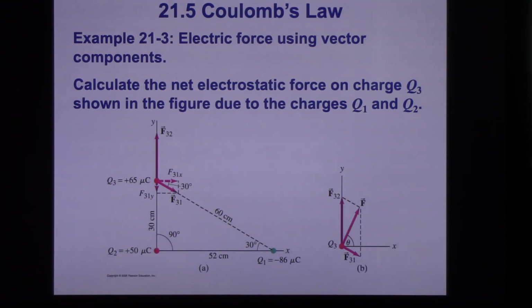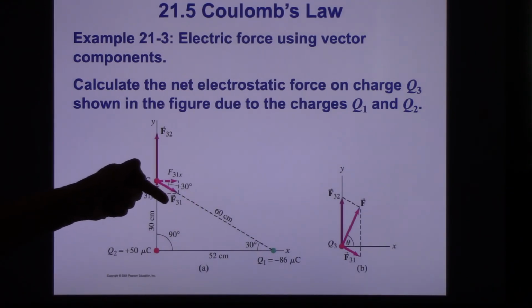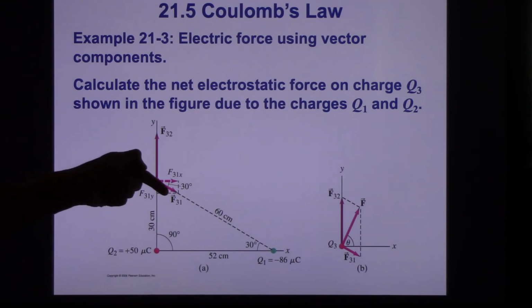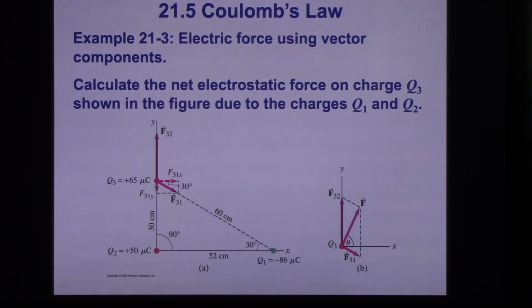F13 is representing a force pulling charge 3, object 3, towards charge 1. Now, this force is going to have components. This vertical force only had a component in the y direction exclusively, but force 1,3 is going to have components both in the x and the y.